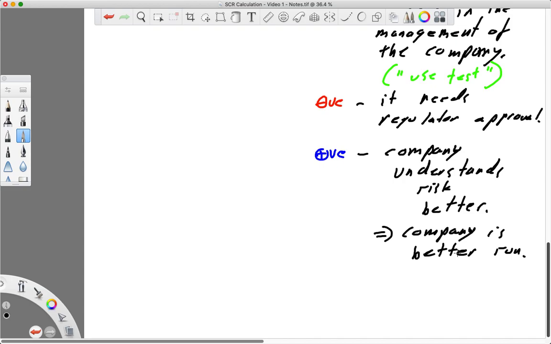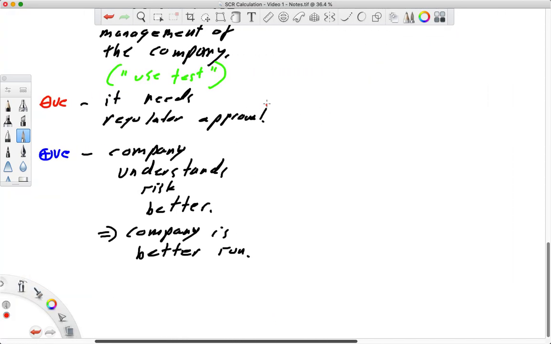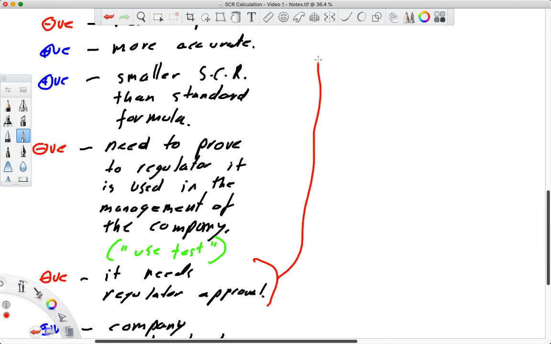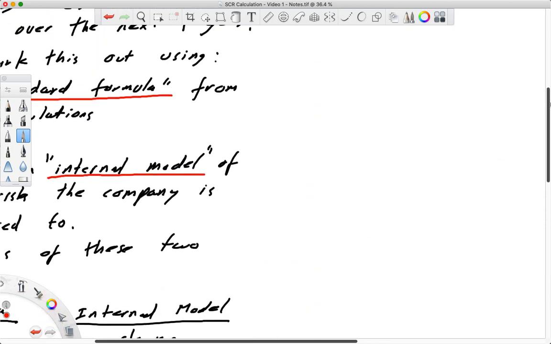In terms of this regulator approval thing, let's take this and deal with it up here.